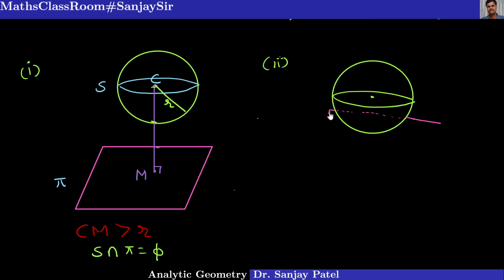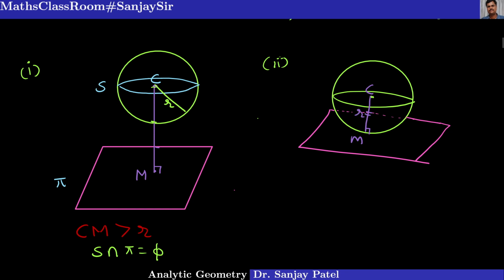Okay, so this is my plane, and we draw a perpendicular from the center. So that we'll get this perpendicular distance CM, which is the same as the radius of the sphere.